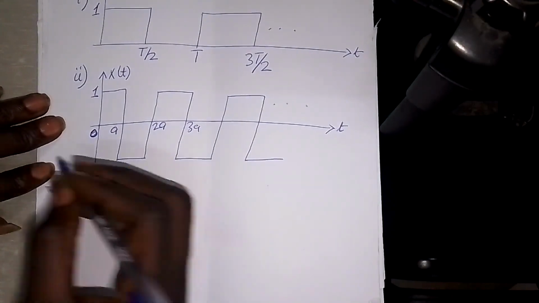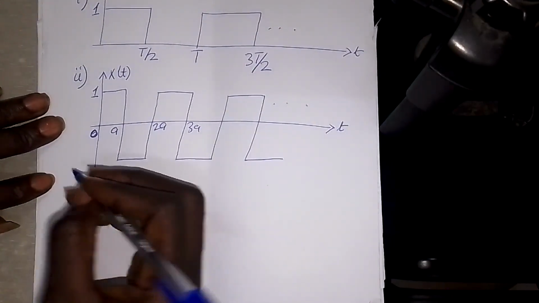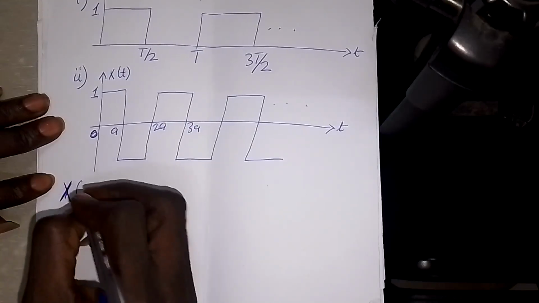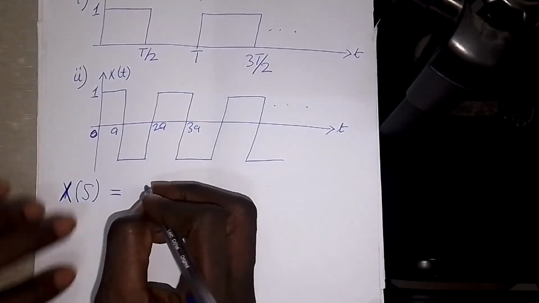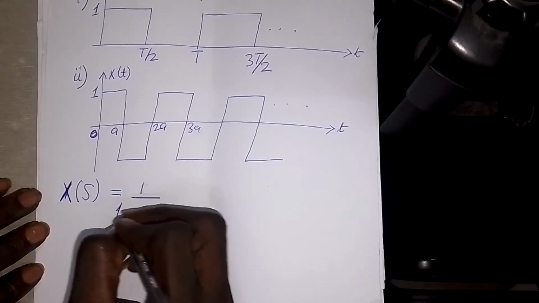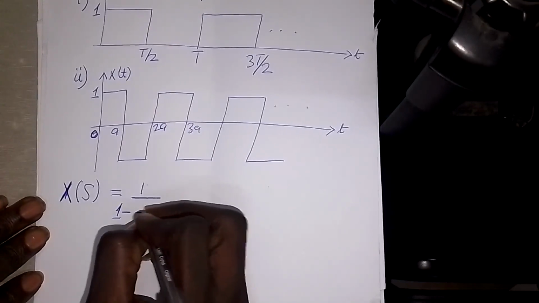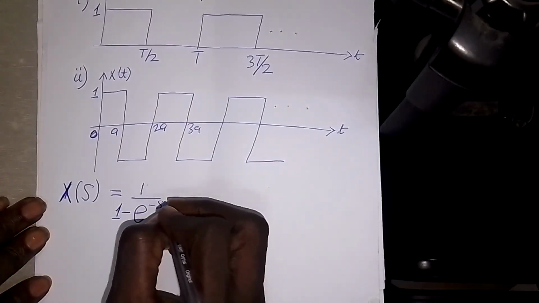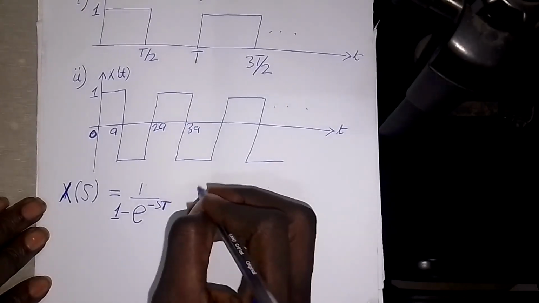So here, whenever you have a Laplace transform of a periodic signal, then it's equal to 1 over 1 minus e to the minus sT, into X1 of s. Today I have to use a pen because my markers got finished and I'm not able to get some right now.